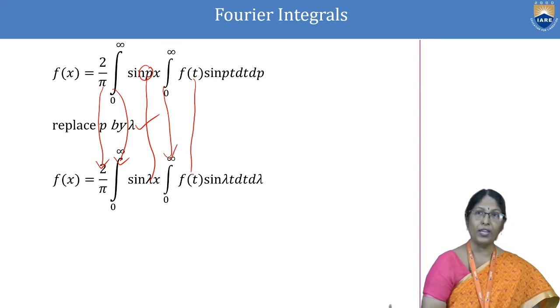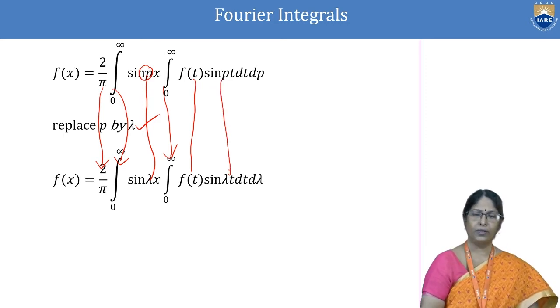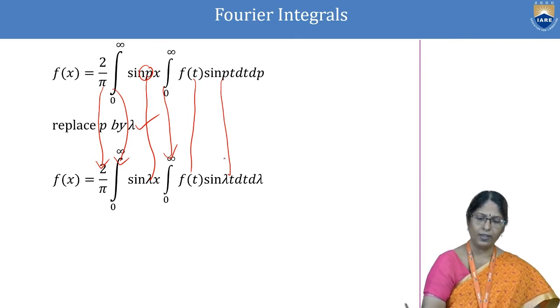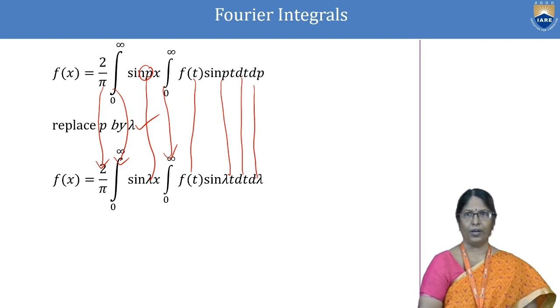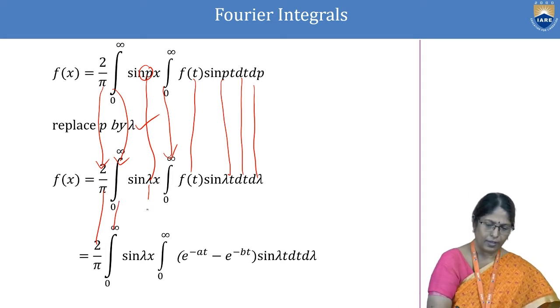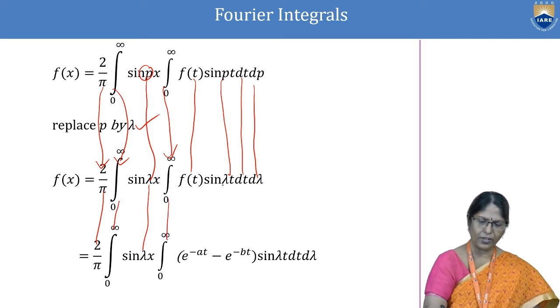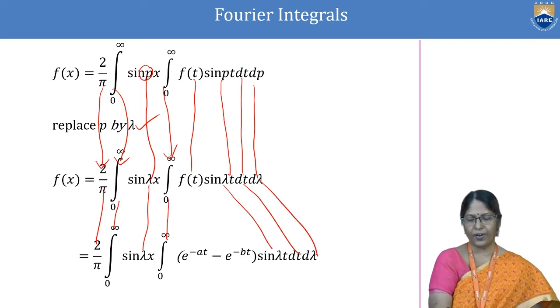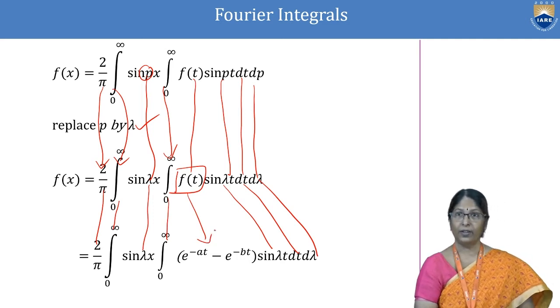In f of t, the sine p is replaced by lambda, so sine lambda t, dt, d lambda. Here 2 by pi, integral 0 to infinity, sine lambda x as it is, everything we are writing as it is, dt, d lambda. Only the difference is that f of t is not written as it is.